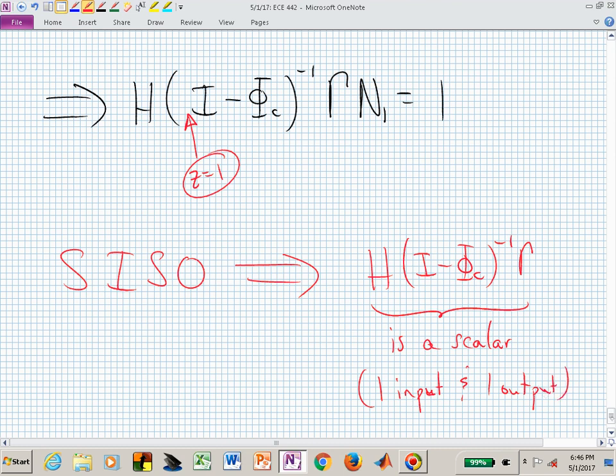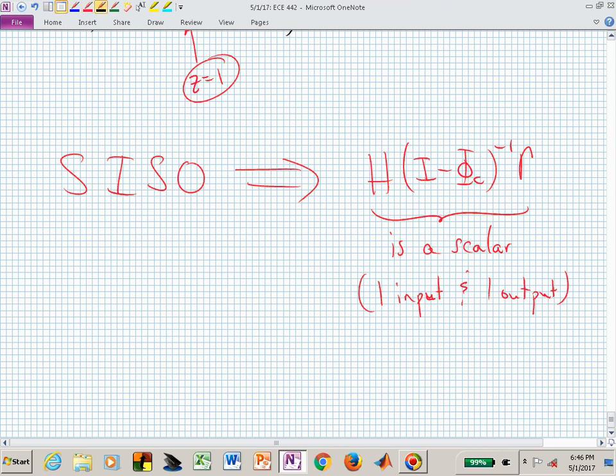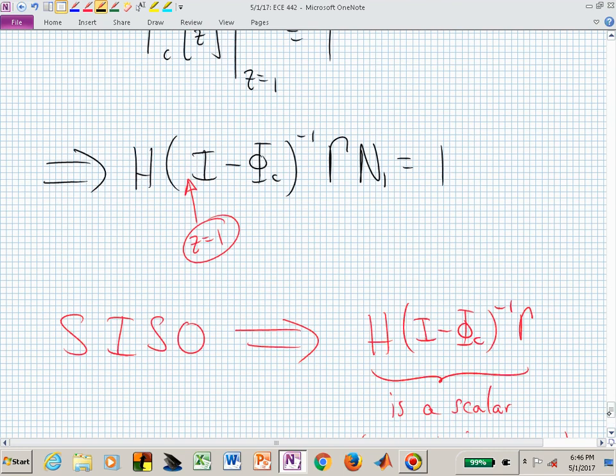And if that's the case, now we can say n sub 1. In this expression, we have a scalar times a scalar equaling 1. Just divide both sides by that one scalar to solve for the unknown n sub 1.